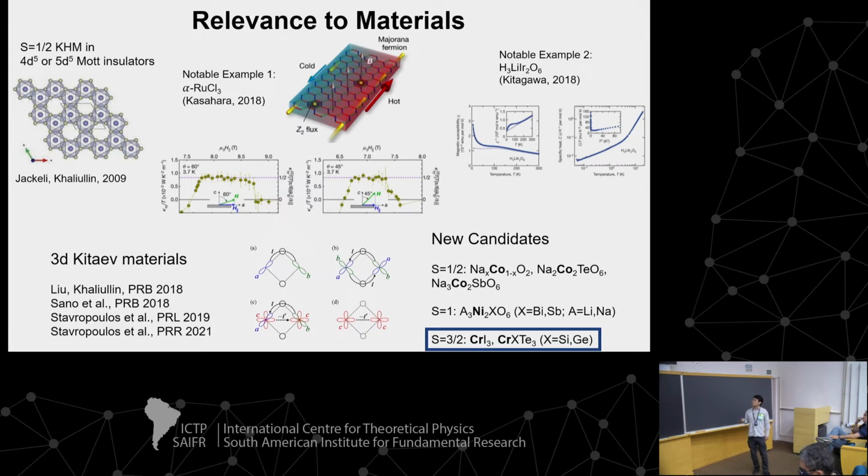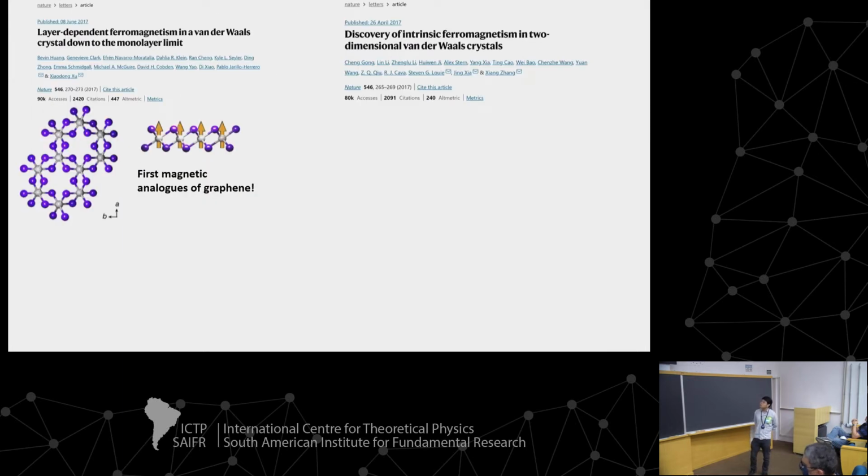And the spin 3/2 case has some peculiarities that make it interesting. The first one is experimental, because the candidates for Kitaev physics in S=3/2 were also the first materials that could be exfoliated down to monolayers, being the first magnetic analogs of graphene.